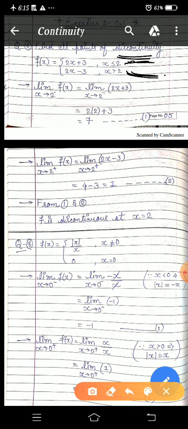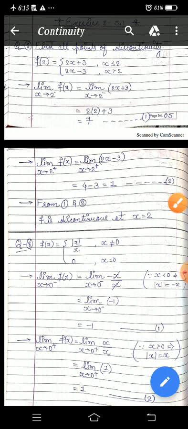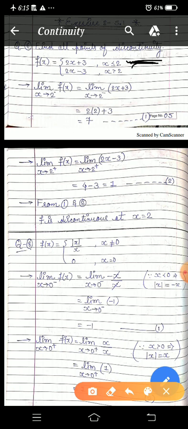Now first of all we are going to take the left hand side limit of f of x, which means the value of x must be less than 2. Here the function will be 2x plus 3, because whenever x is less than or equal to 2, we take the function as 2x plus 3.